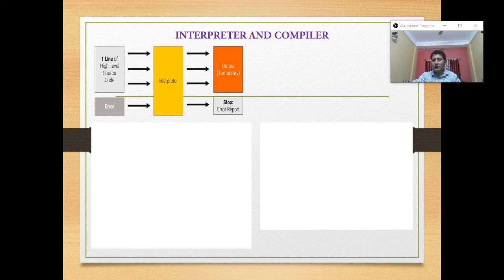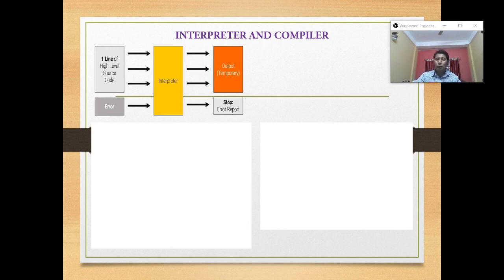Once the machine understands what the program has written, it will produce the output. If the output is displayed in binary code, 0 and 1, we don't understand it. So the interpreter and compiler convert those machine codes back to high level language and show the output so that we can understand it.